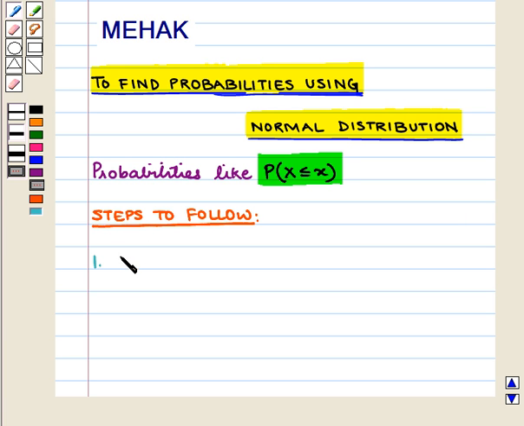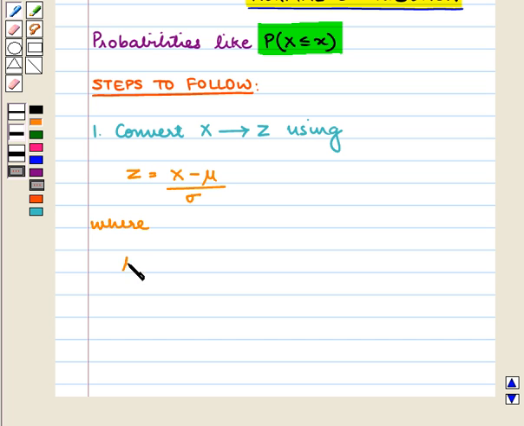The first step is to convert the normal random variable x into the standard normal variable z using the formula z equal to x minus mu upon sigma, where mu is the mean of normal distribution and sigma is the standard deviation.